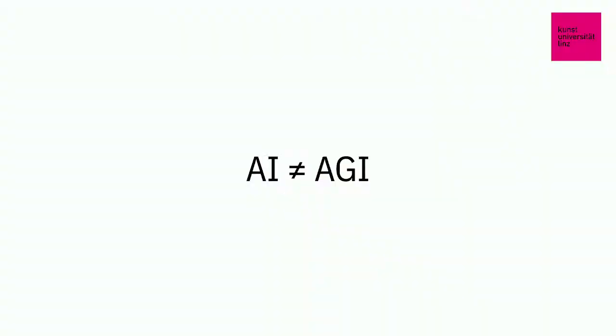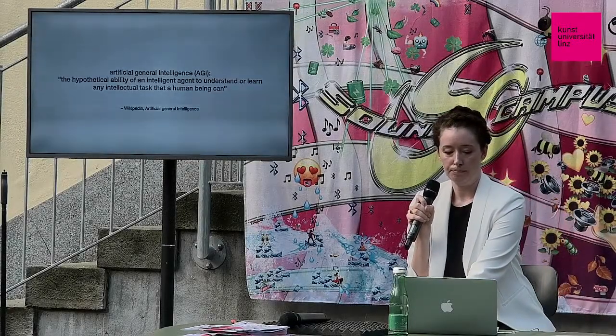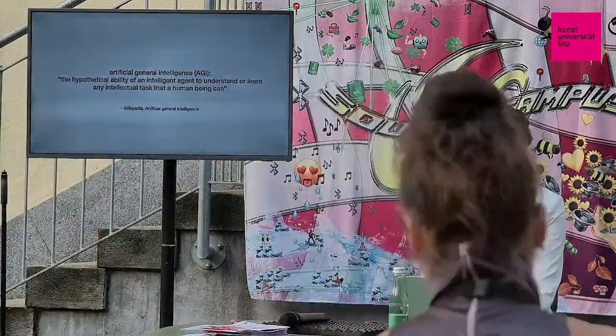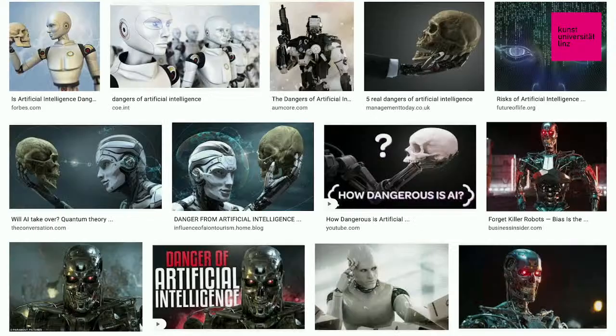AI is also differentiated from AGI, or artificial general intelligence, which according to Wikipedia is the hypothetical ability of an intelligent agent to understand or learn any intellectual task that a human can perform.